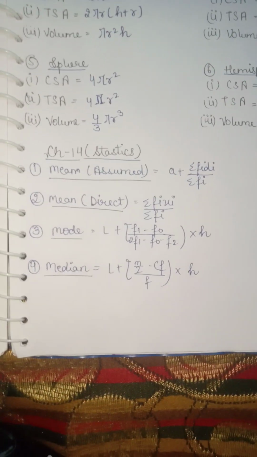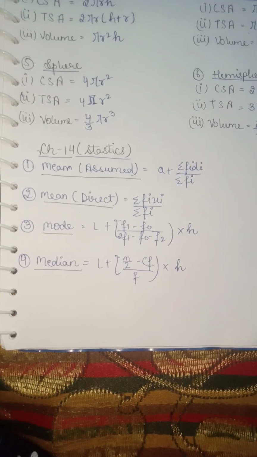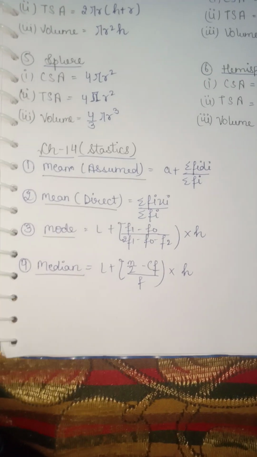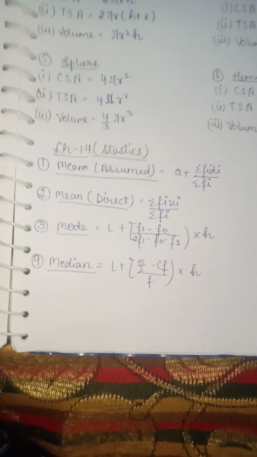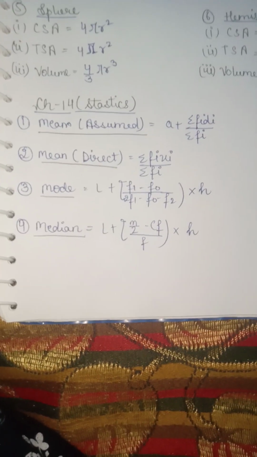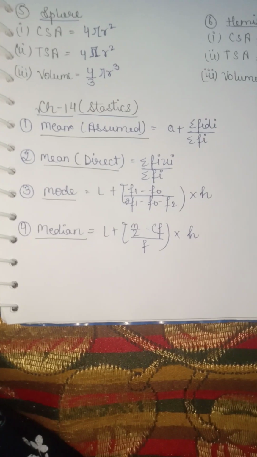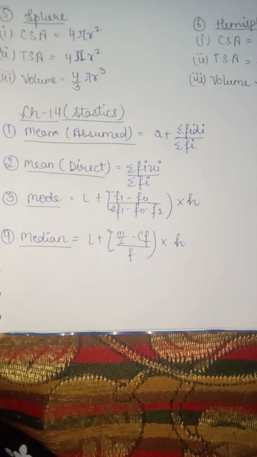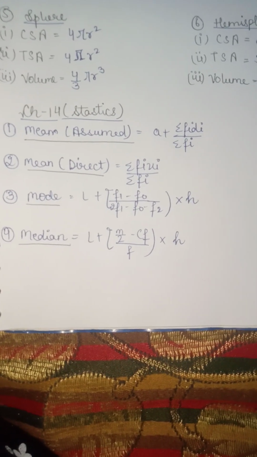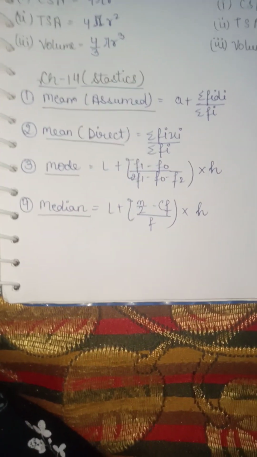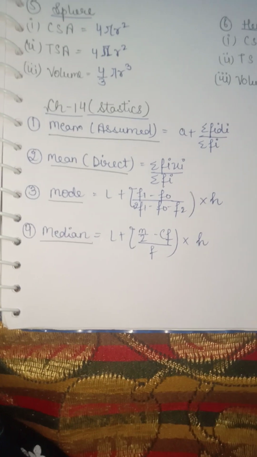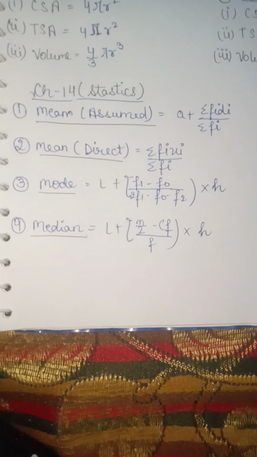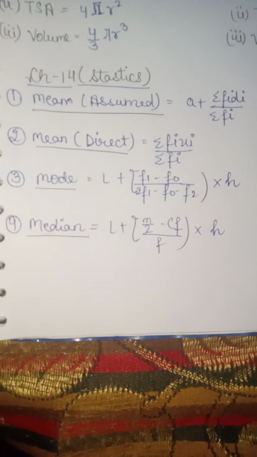Now come to chapter 14, Statistics, in which we first have mean. And mean we can find by 3 methods, but in our syllabus there are only 2 methods. First, assumed mean: a plus summation of fi di upon summation of fi. Second, mean by the direct method is equal to summation of fi xi upon summation of fi.